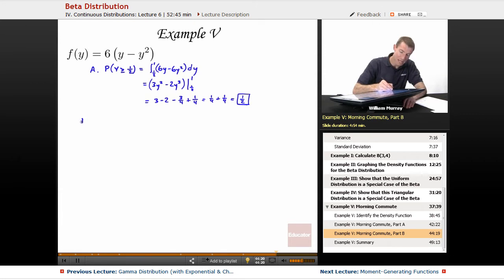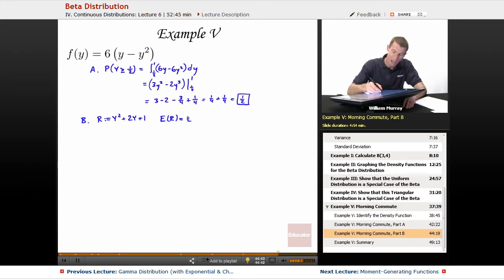For part B, we had this rage level. Your rage level was r is equal to y squared plus 2y plus 1. And what we wanted to calculate there was your expected rage level. How angry are you expected to be when you get to work? So what we're going to use heavily here is linearity of expectation.